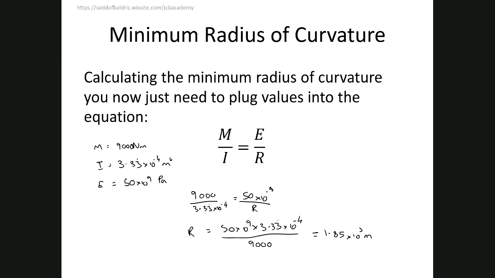So our beam's radius of curvature is 1.85 kilometers, which means it really hasn't bent an awful lot. It's probably displaced by a millimeter or two.